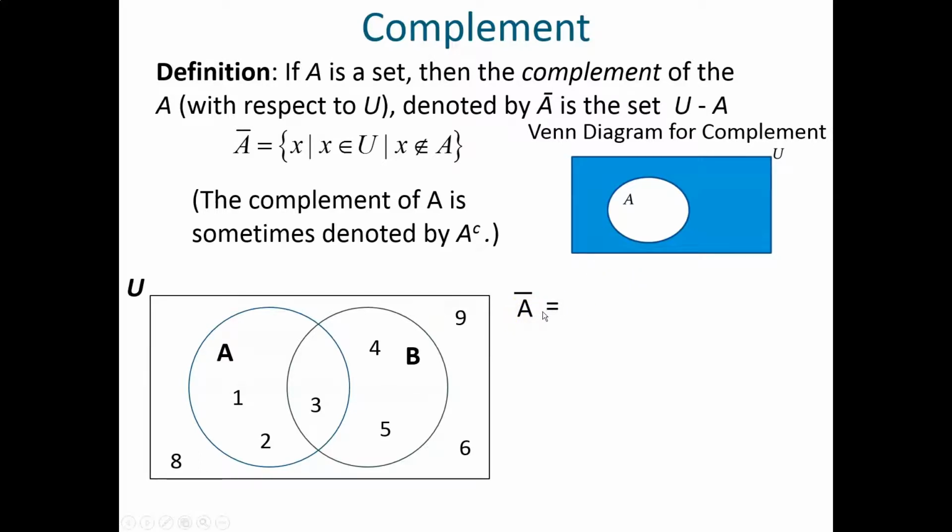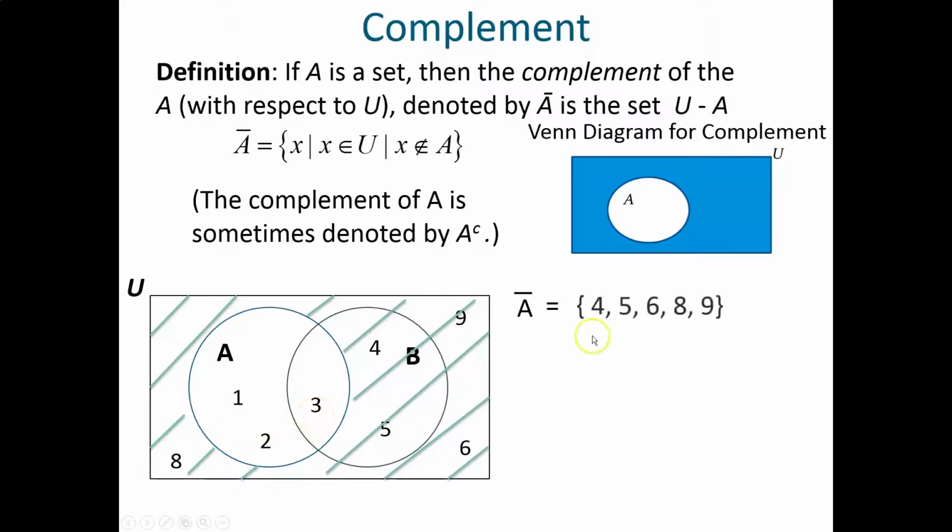So the complement is going to be everything that's not inside this set A, everything outside set A. For example, all the shaded area I have in here. So my answer should be everything outside set A, which does not include 1, 2, and 3. So my answer is 4, 5, 6, 8, 9. So everything which are outside set A.